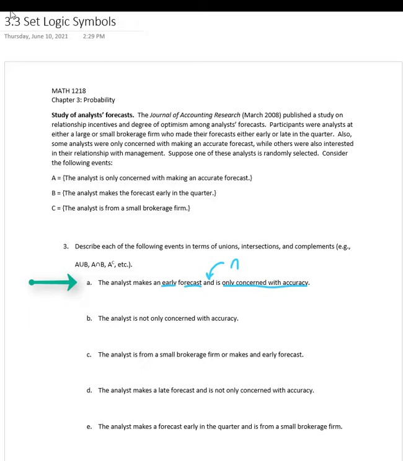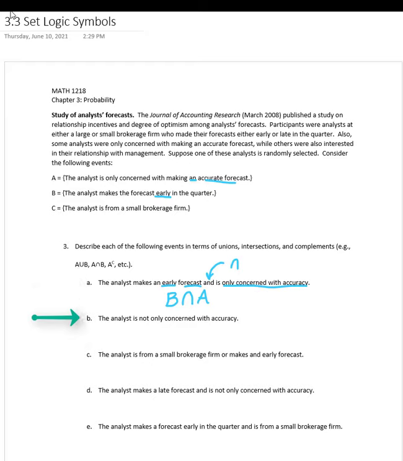So early forecast is event B. So I'm going to start by writing event B. And means it intersects with the other event that is described, and that event only concerned with accuracy, that would be event A. So we can rewrite this written statement with set logic notation. Event B intersecting event A. That means what do they have in common, or an event that's happening at the same time.